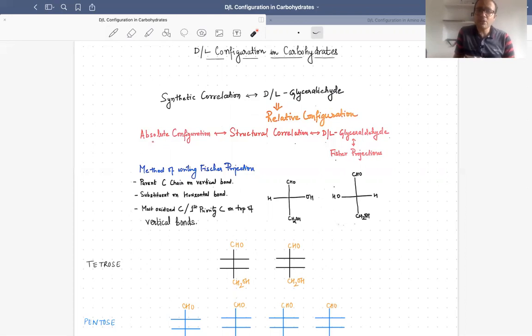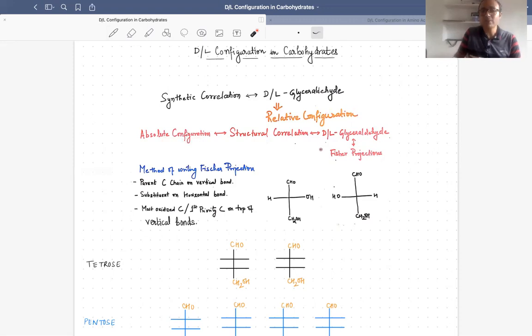Okay, so when we started to understand the absolute configuration of the compounds, after X-ray crystallography came into the picture, we were able to identify the configuration at each stereo center of the stereoisomer, and therefore we were able to know the absolute configuration at each and every stereo center.